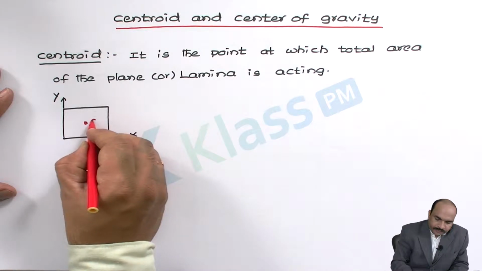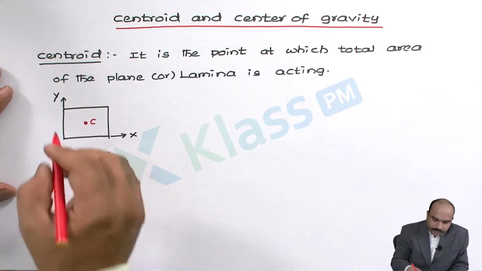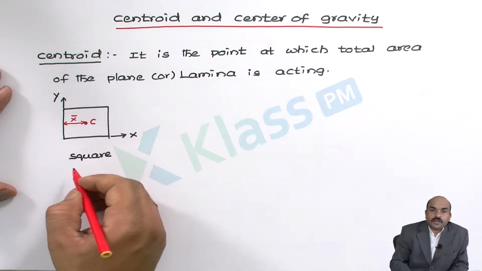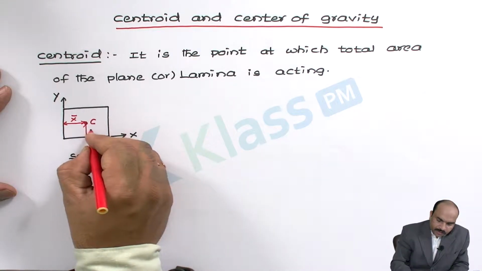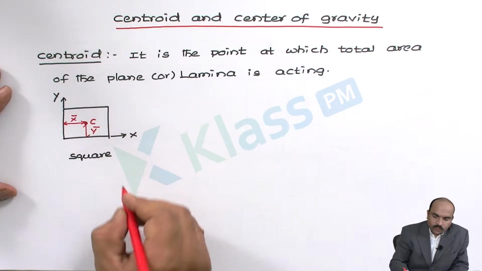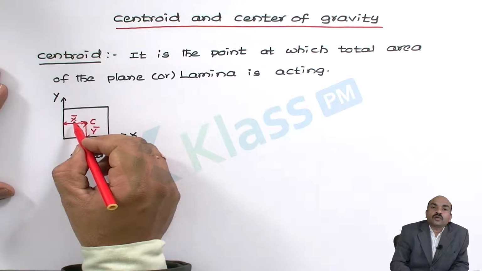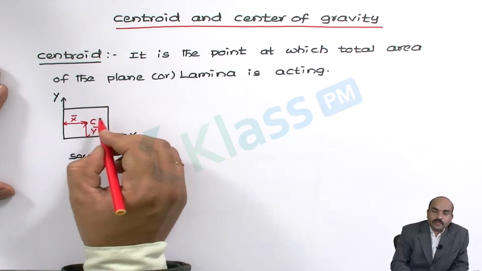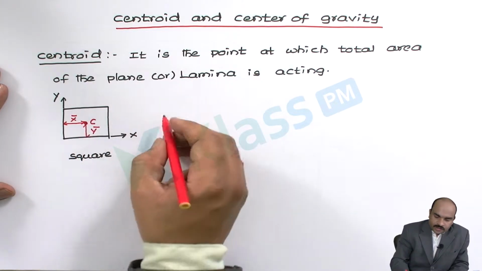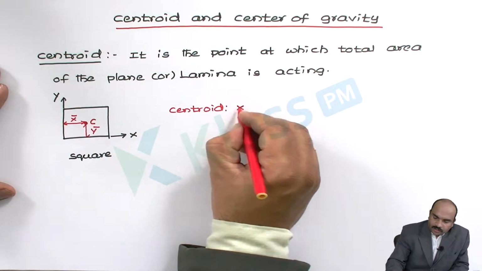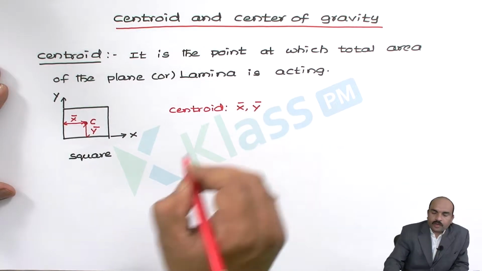This is the center of the square. This distance is the x bar, let us say, and this distance is y bar. So centroid means the distance or the coordinates like x bar, y bar for the given plane. The centroid coordinates are x bar, y bar.